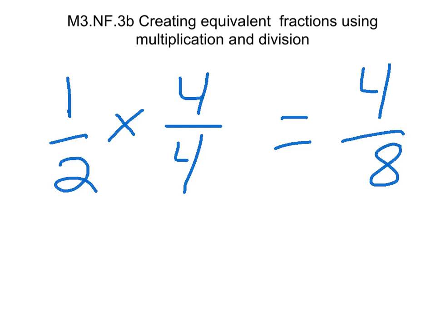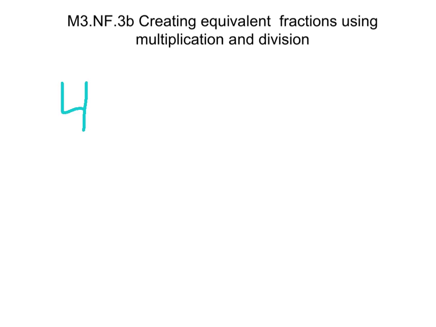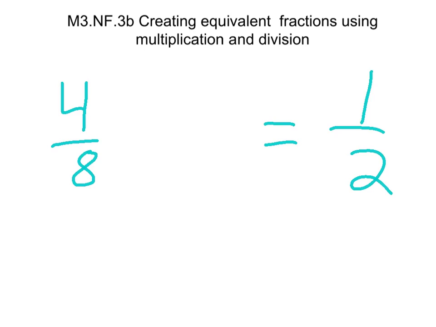If, however, I want to go from 4/8 to 1/2, if you remember at the very beginning of this video, we talked about using multiplication and division. So to go from a larger fraction to its smaller equivalent, just smaller in the digit sense, it's still the same size, but the numbers are different, we're going to divide.